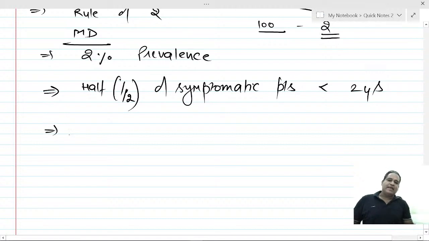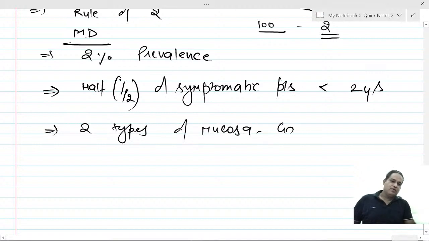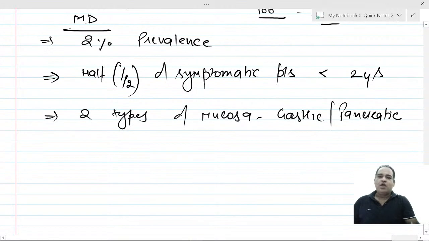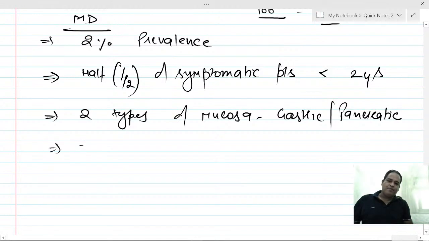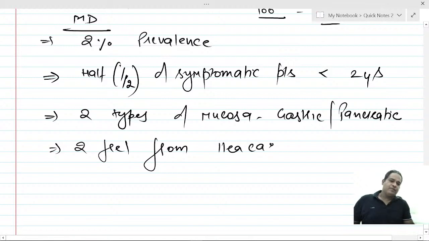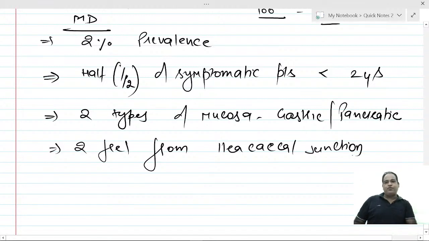Second, it has two types of ectopic mucosa, gastric and pancreatic. So it is present 2 feet away from the ileocecal junction. So that is the rule of two.